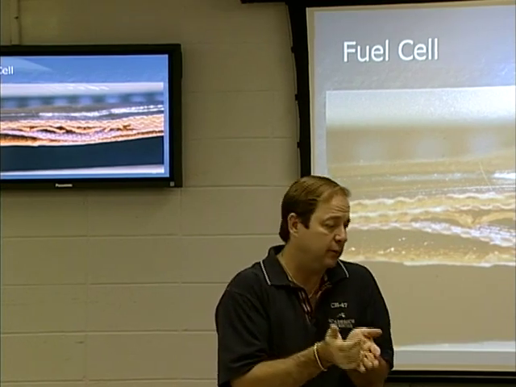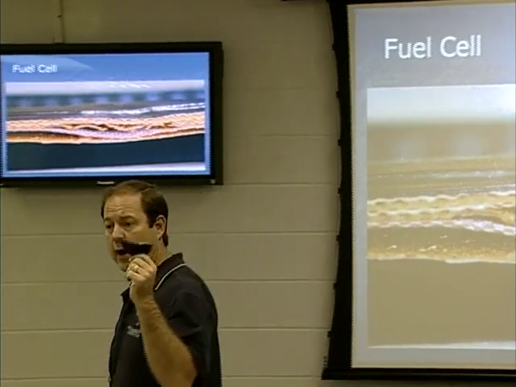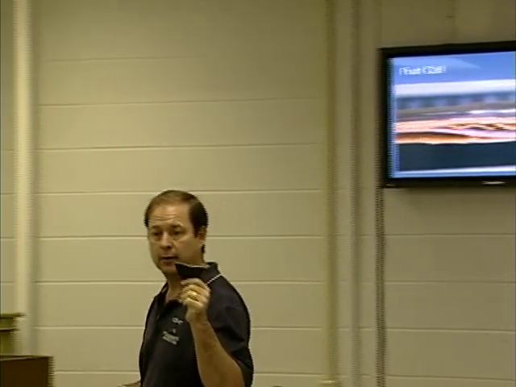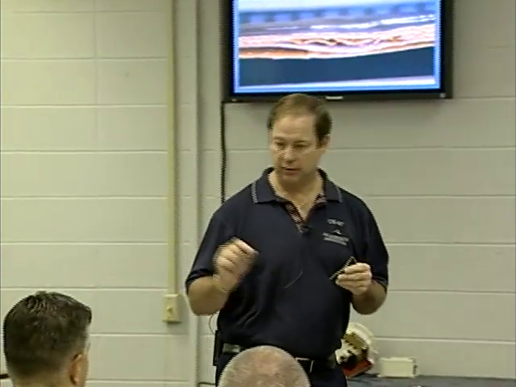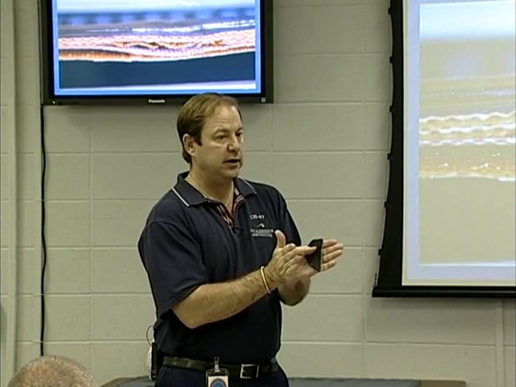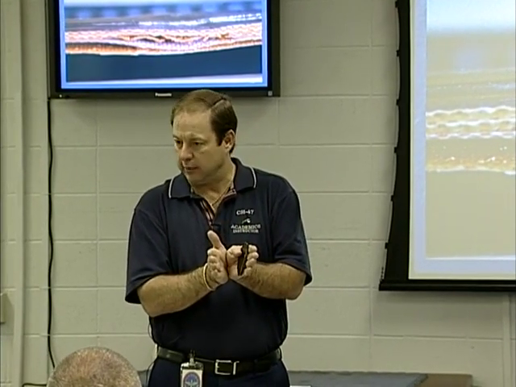To the tune of, they've had rounds go through these tanks and they didn't even know it until they did what? Huh? Did their inspection every year, going in. Actually, they didn't even find it because the round was so small and where it came out, the exit hole, was covered up, so they never saw it.